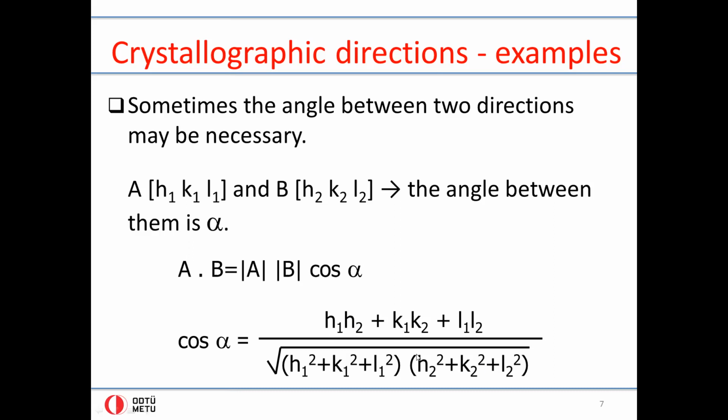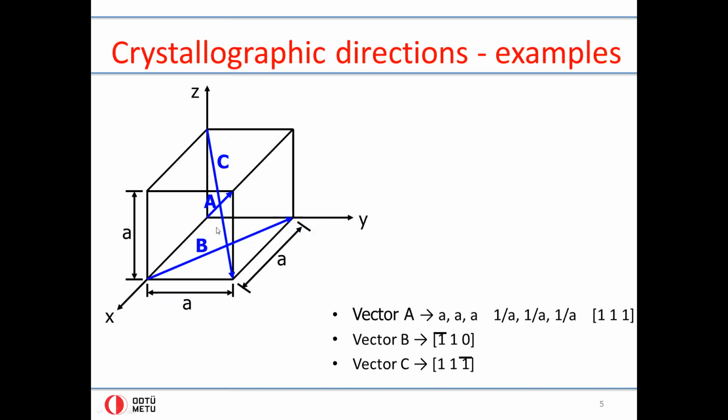The denominator would be non-zero, but the numerator would be 0, and the value of alpha that corresponds to cosine alpha equals 0 would be 90 degrees, as this angle here is 90 degrees. The same would hold for this angle here, because this is 0, 1, 0, and this vector here is 0, 0, 1. So you would get 90 degrees for alpha.